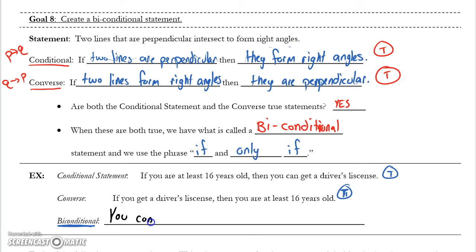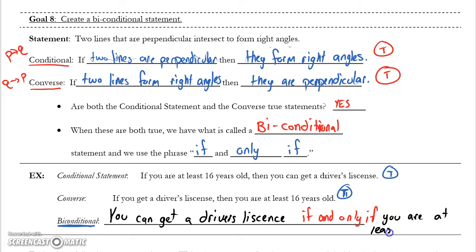You can get a driver's license if and only if you are at least 16 years old.